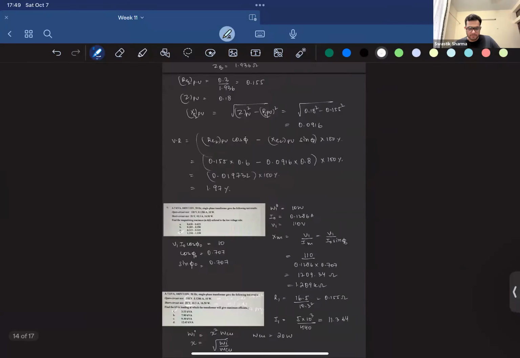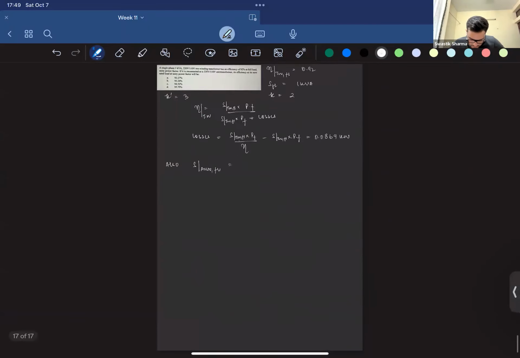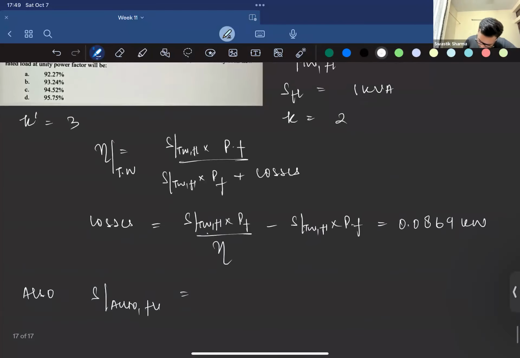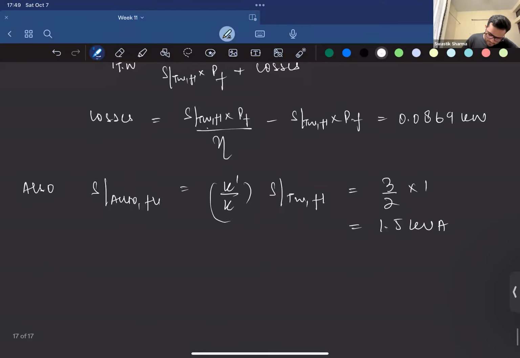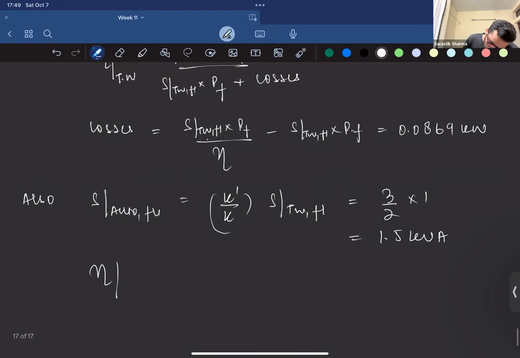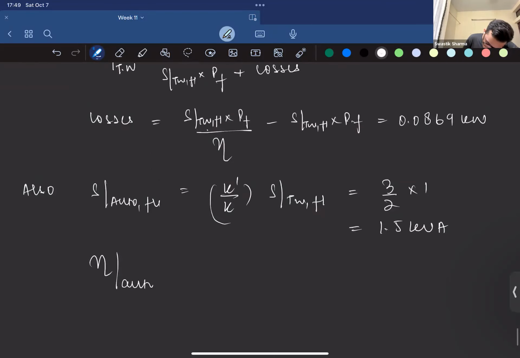K dash upon K times S. So what is it? It's 3 by 2 times 1, which is 1.5 kVA, right? So eta for auto transformer will be 1.5 upon 1.5 plus 0.0869.